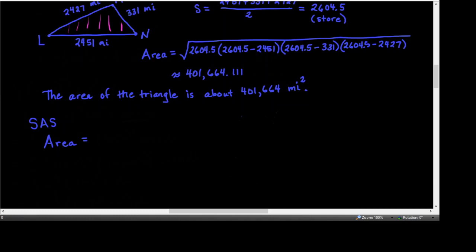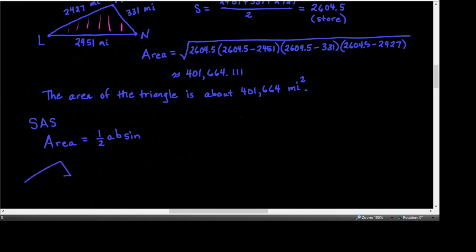The area formula is 1/2 times the side that's given, let's call it A, times another side that's given, let's call that B, times the sine of the angle between them.